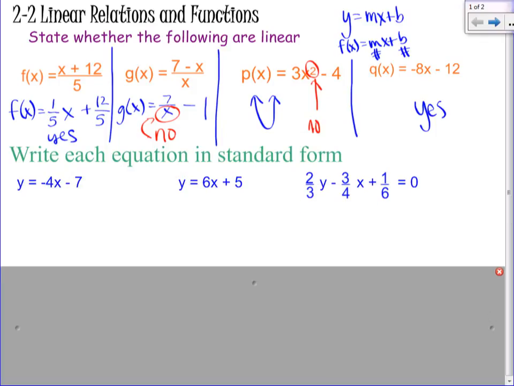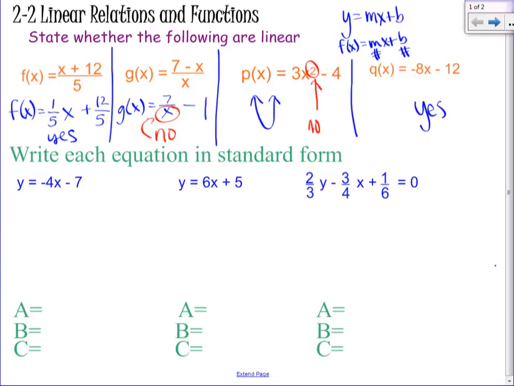Okay, next is standard form. All right, so we need to write each of these in standard form. Here's what standard form looks like. Ax plus By equals C. Okay, now here's some rules with these coefficients. They all have to be integers.